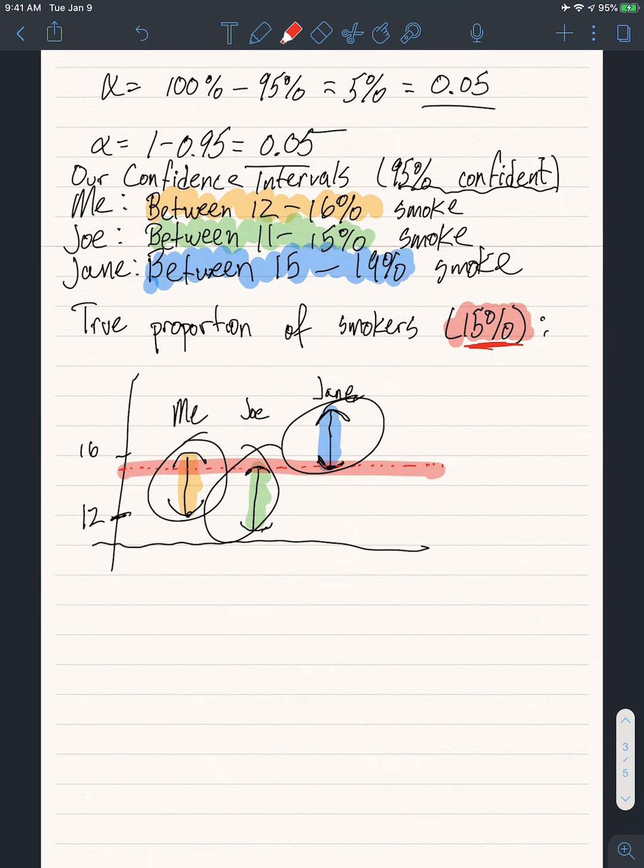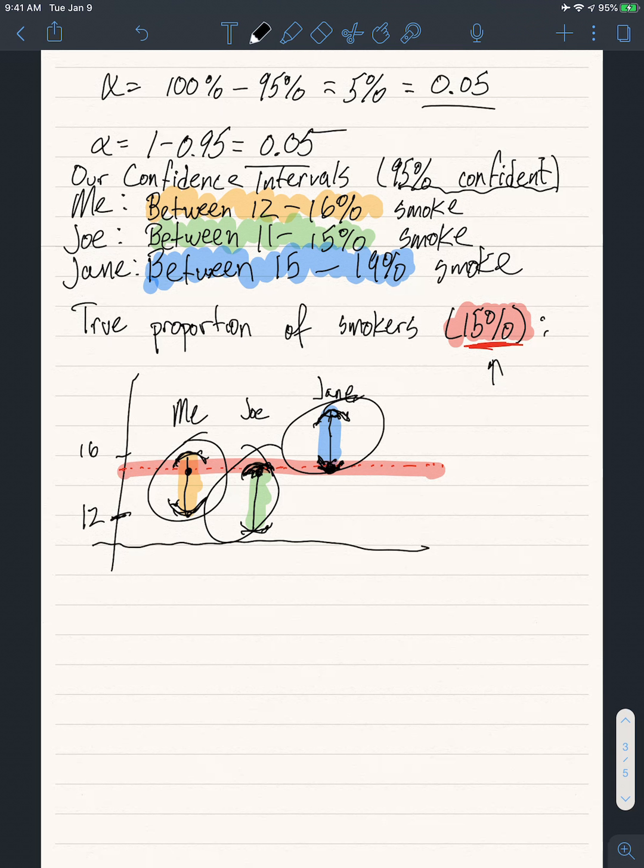Remember, we don't know what that true proportion is in real life. But since we're all constructing ranges, a lot of us are going to be confident that it's within that range. And actually, in this case, all of my 3 little mini examples hit it. Jane hits it on the lower side. Joe hits it on the upper side. I got it a little on the high side, but still within it, right? Right there, right there, right there. So all 3 of us have it in our ranges. But we wouldn't know that in real life. We wouldn't know that this 15% is true. It might not be, I haven't researched this at all.